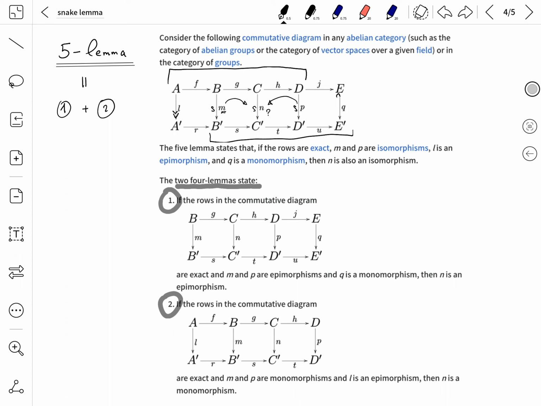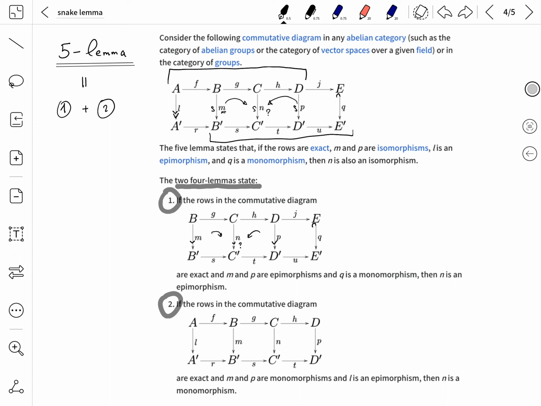The first one states that, I'm not asking for isomorphisms forcing the middle isomorphism. I'm talking about whether 2 epimorphisms could force the middle one to be an epimorphism. The answer is yes, if this far away one is injective.